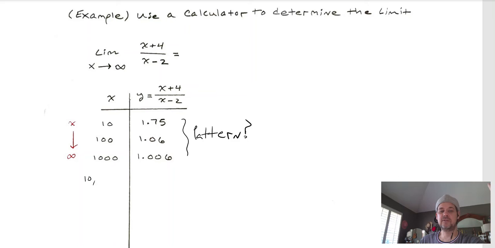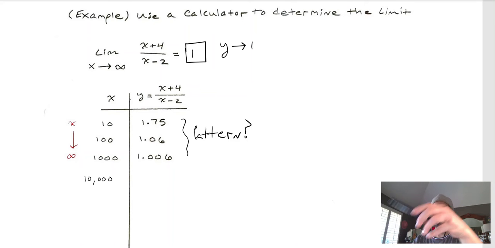If we weren't sure, if we wanted to corroborate our feeling that as x went to infinity, y went to 1, then I could go up to another bigger number, okay? So like from 1,000 to 10,000. Let's see what we get when we go to 10,000.